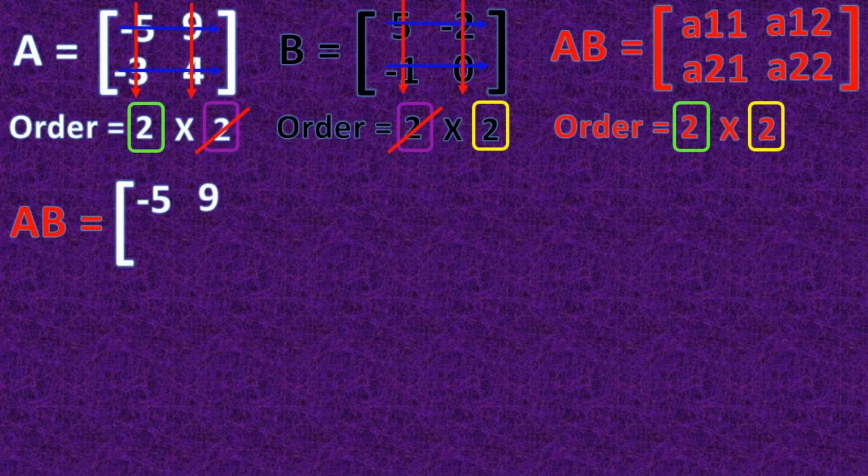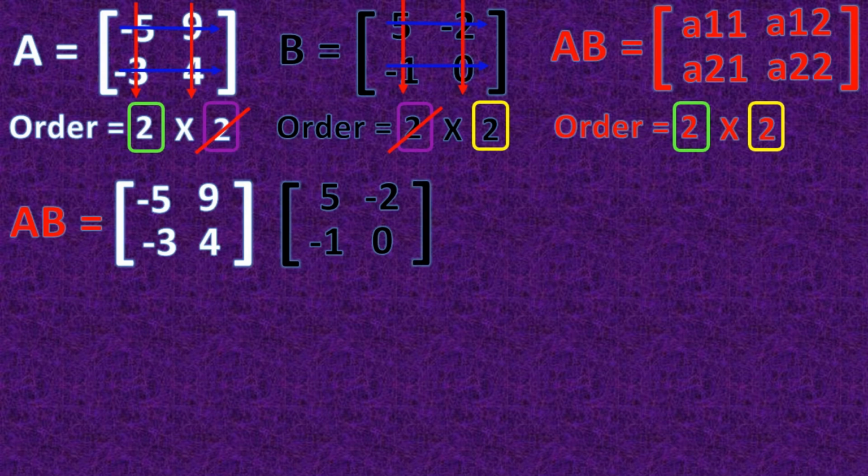Middle sign will be multiplication. Matrix A is minus 5, 9, minus 3, 4 and beside it matrix B is 5, minus 2, minus 1 and 0. Bracket close.